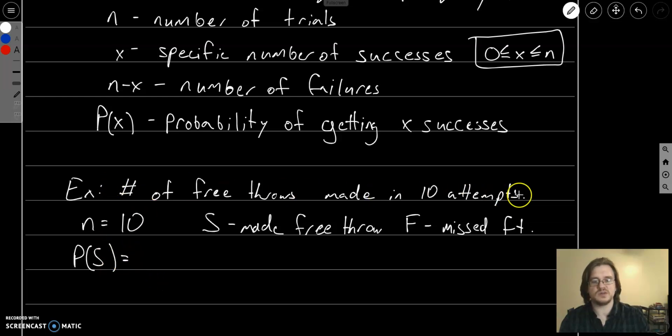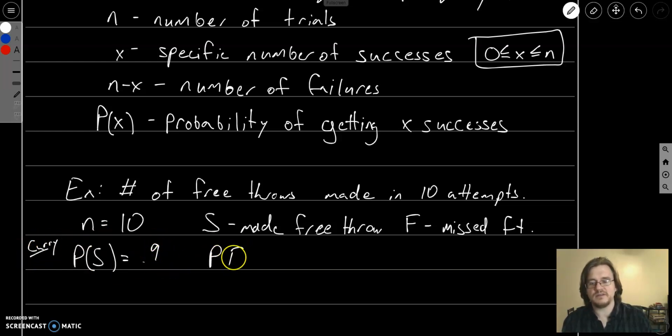The probability of success. So we're not necessarily told this in the question. In order to calculate this, we would need to be told this. This is not something that we just know. So if we assume that we are Steph Curry, over his lifetime, he's made 90% of his free throws. So here, the probability of success for Steph Curry would be 0.9.